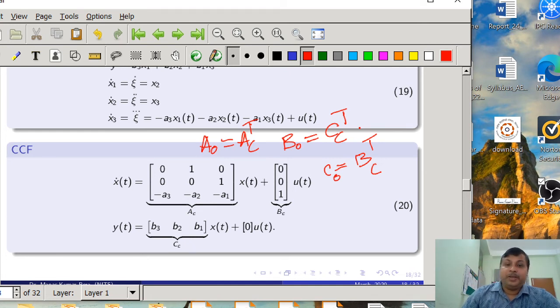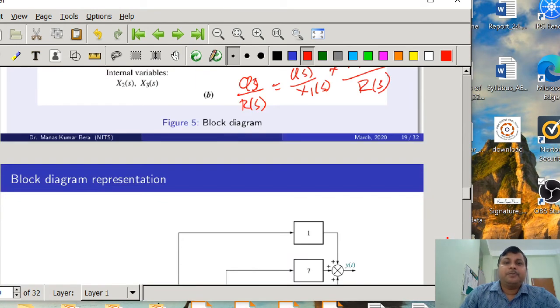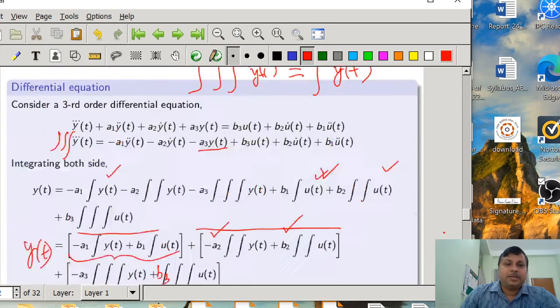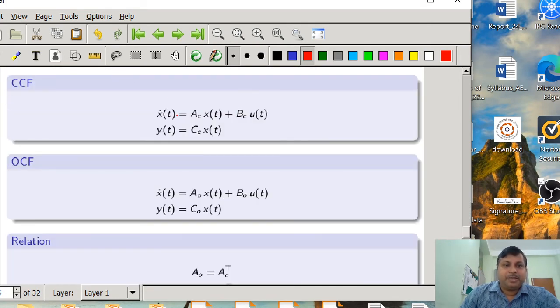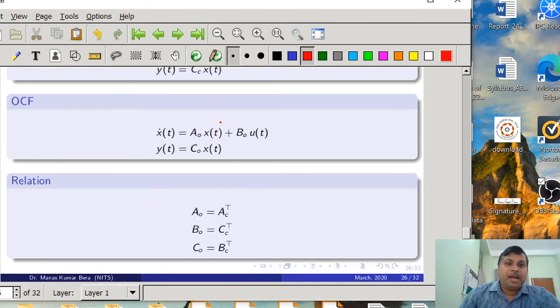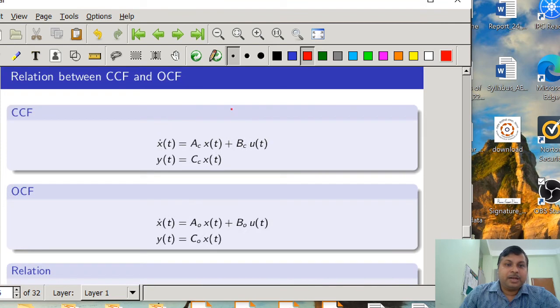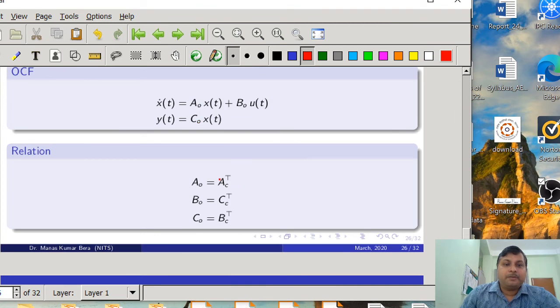So this way you can remember: if you get one form, the other form can easily be generated using this relation. If this is the CCF, the controller canonical form, and this is the OCF, then A observer, B observer and C observer will be related with A, C and B of the controller like this.